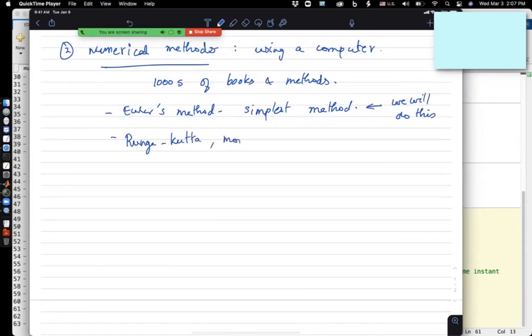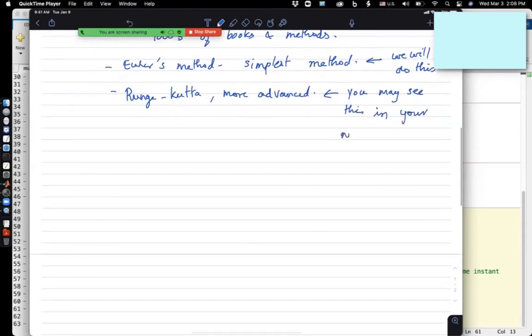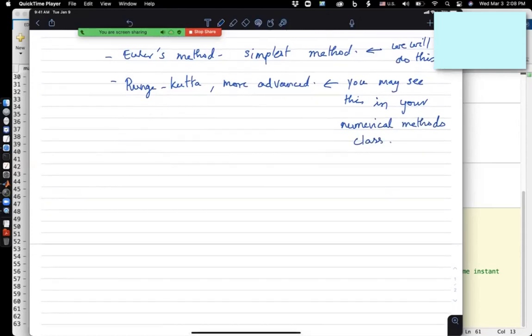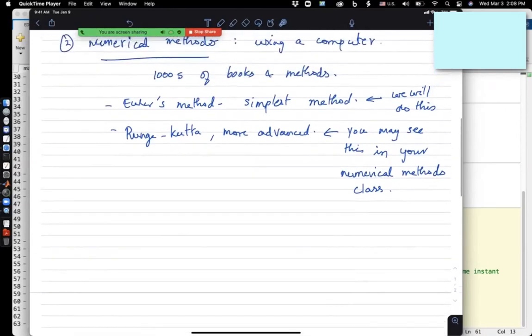This is more advanced, so I will not do this. I could teach a whole course on these topics, but what we will do is just get a flavor of how to solve differential equations using Euler's method, the simplest sort of thing.